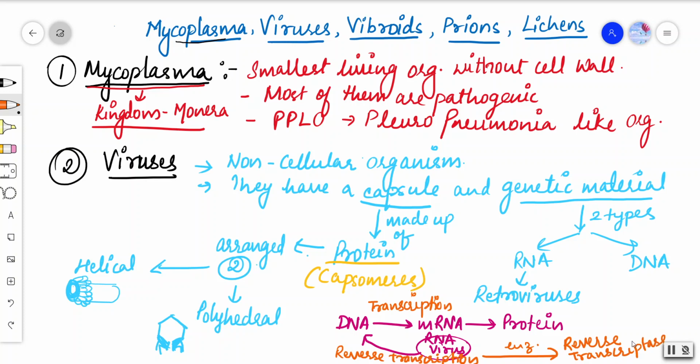Where there is a suffix of -ase, it is mostly an enzyme we are denoting. So reverse transcriptase, and this is how the protein is formed here. Now let me clear this so I can move towards the others.